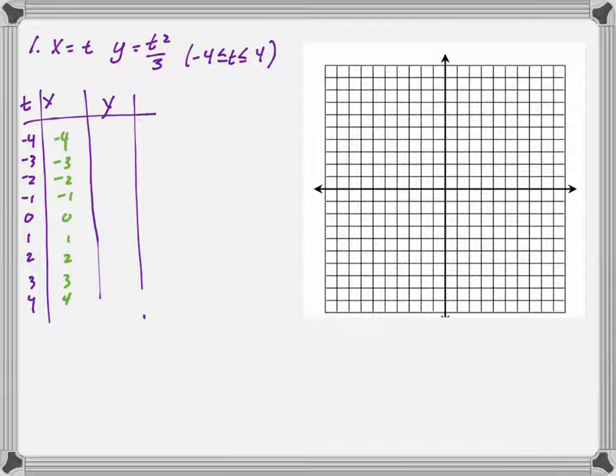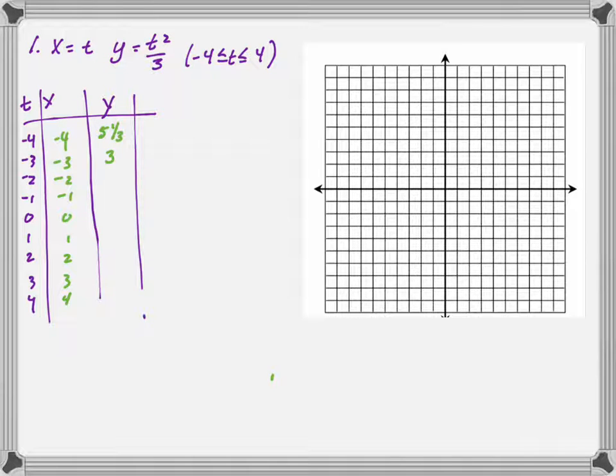And for y, we get t squared over 3. So -4, that would be 16 over 3, or 5 and 1/3. And then 9 over 3 is 3.